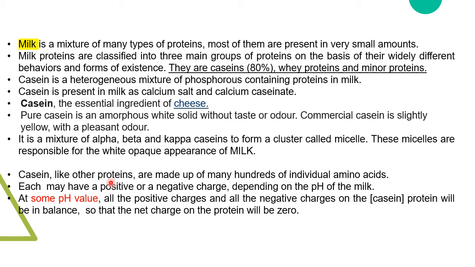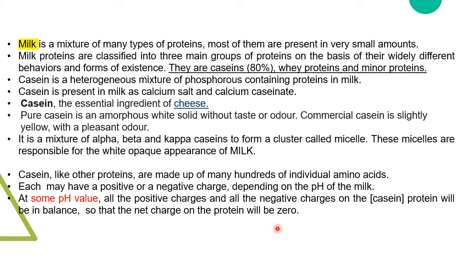Casein, like other proteins, is made up of many hundreds of individual amino acids, right? We know that proteins are made up of a chain of amino acids, so that is how casein is also made. Each may have a positive or a negative charge depending on the pH of milk. At some pH value, all the positive charges and all the negative charges on the casein will be in balance, so that the net charge on the protein will be 0.